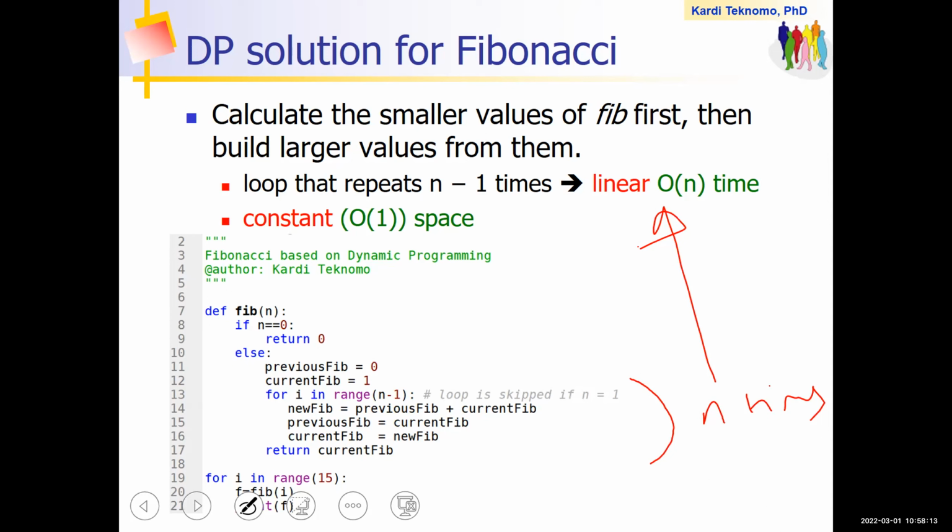So the loop repeats n minus 1 times. Okay, and this is fast. The result is the same, and the space is only 1. So you can try this, Livy, if you did not make it yet. Okay, so this is a dynamic programming solution.